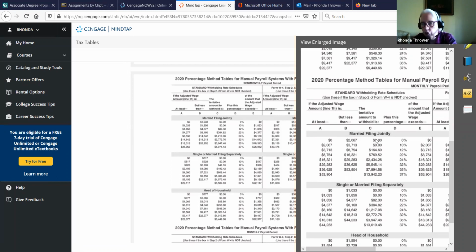The amount of wages that they're paid monthly is going to be $8,120. So I'm going to go to the category that's between $3,713 and $8,754. $8,120 falls in between these amounts.